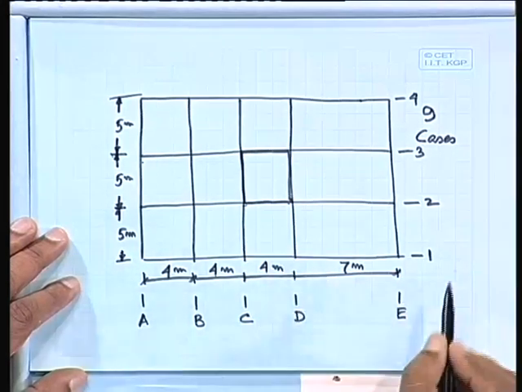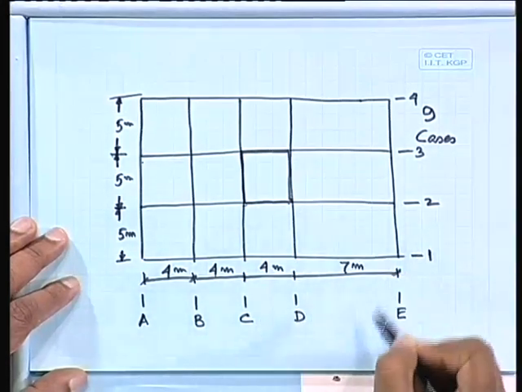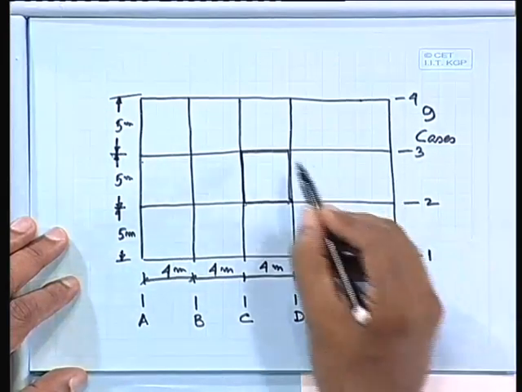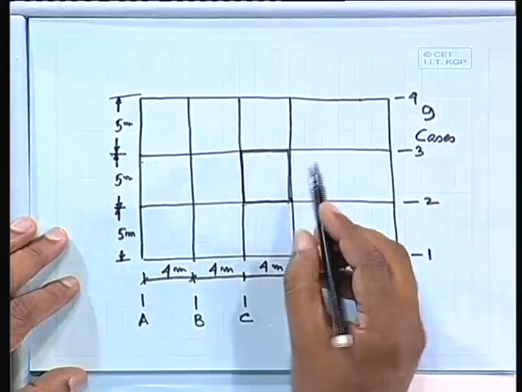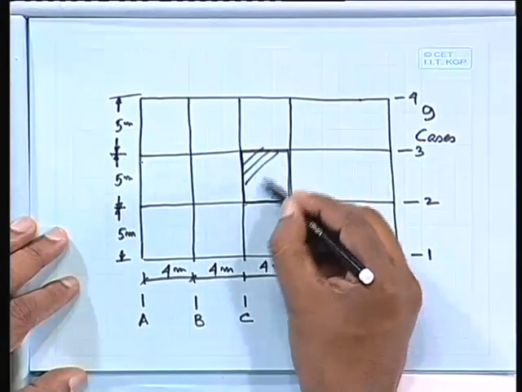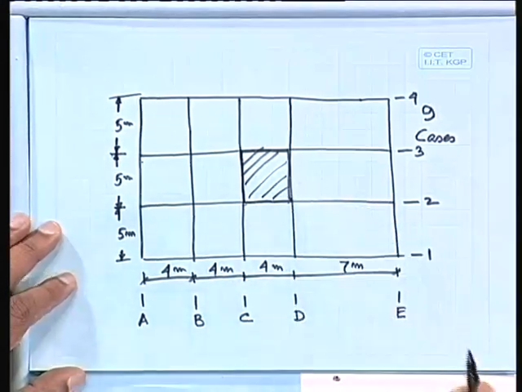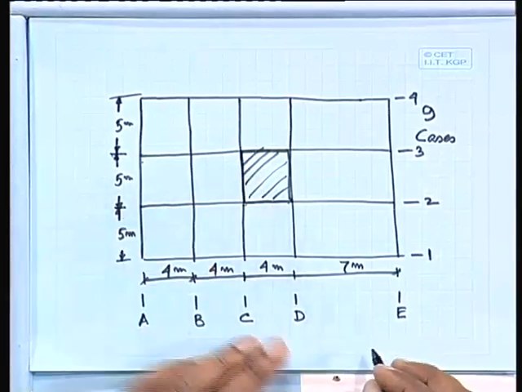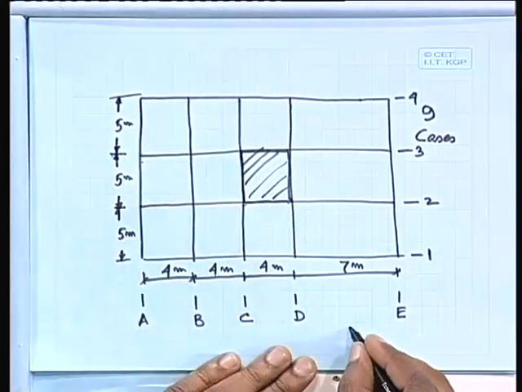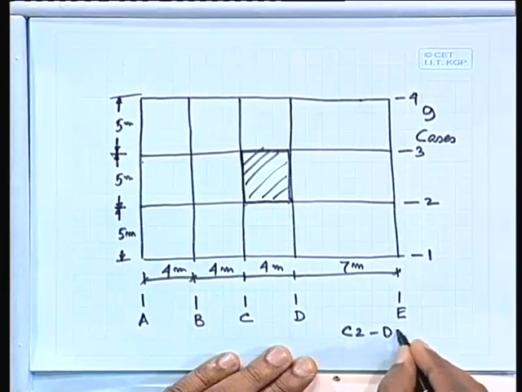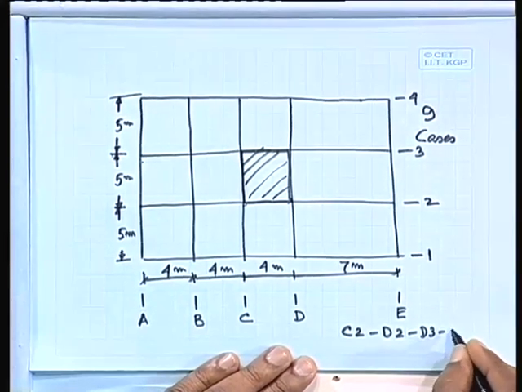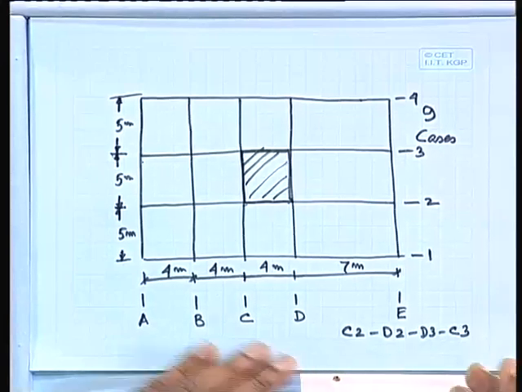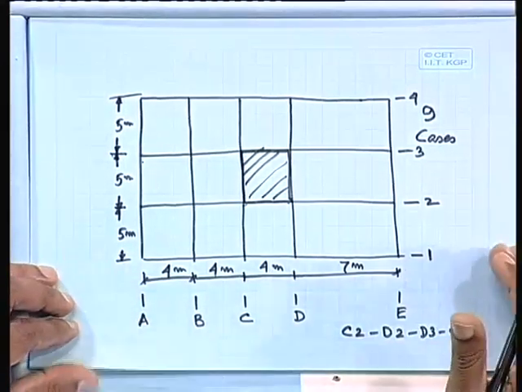This panel is C2, D2, D3, C3. Because we are starting here, we refer to it as C2, D2, D3 and C3.